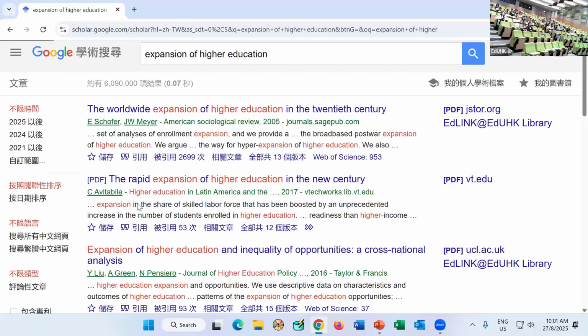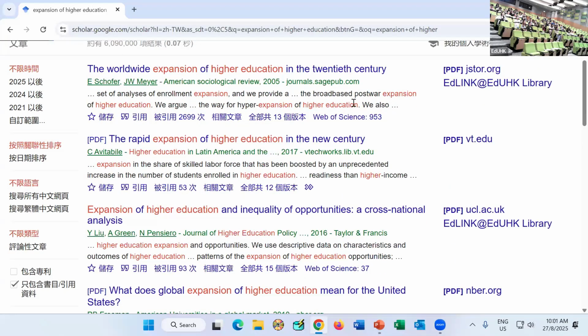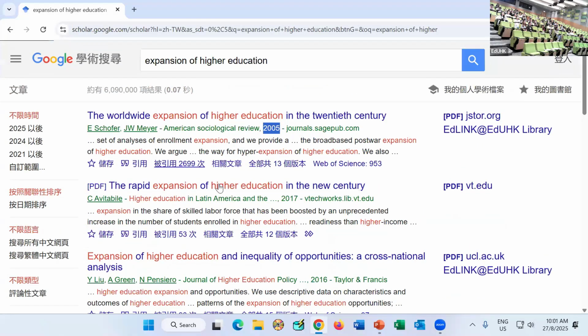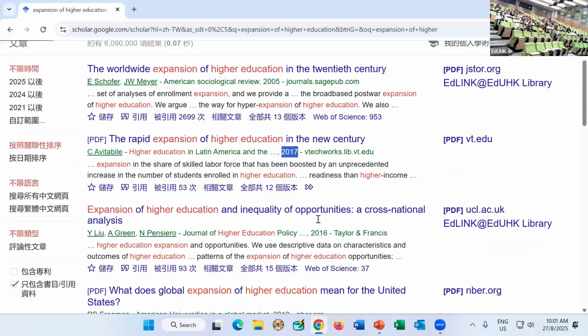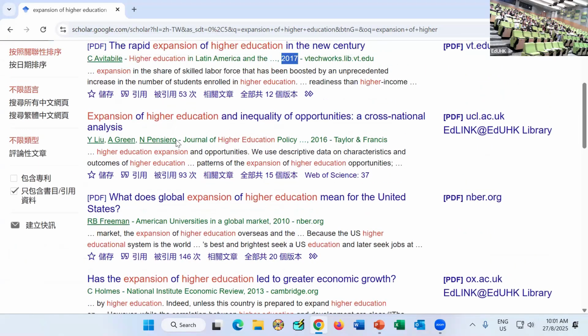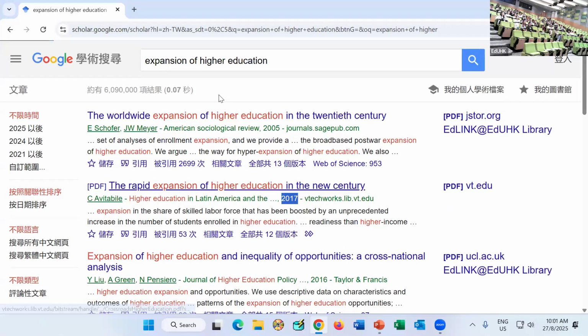Of course, the more times that article is being cited, the more influential it could be. But you also need to check the year of publication. So likely this article is published in 2005. And so it makes sense that it's being cited more times than an article published in 2017, right? And of course, not every article published in 2005 would get that many citations. So it's still something that we can look at.